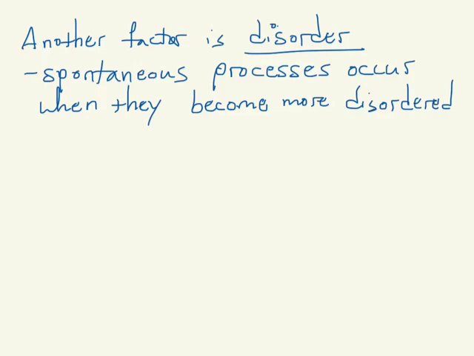Another word for disorder, random. So, kind of a blanket statement I'll start to make and stress much later on in the year. Naturally, things like to become more disordered. Okay, things do not like to be ordered. Atoms, elements, molecules do not like to stay ordered. If they find a way to become more disordered, they tend to do that spontaneously.